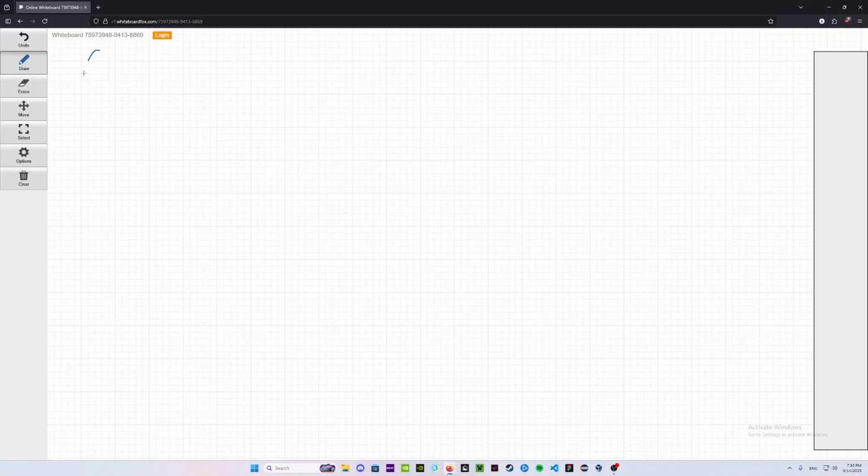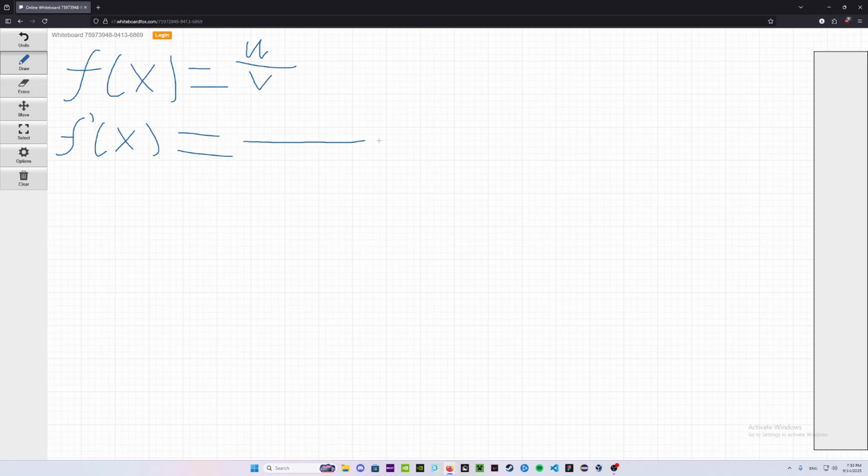So if you have f of x, people like to use g of x and f of x, but I'm going to use u and v. So f prime is going to equal, you have a long division side. You're always going to have the bottom one on the bottom but squared. There's a rule that my calculus teacher taught me called low d high minus high d low over low low.